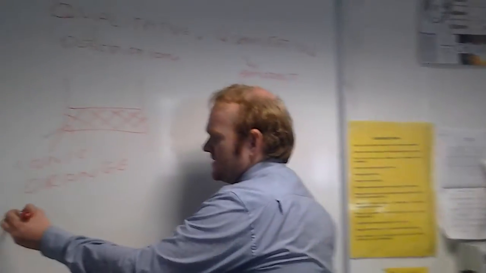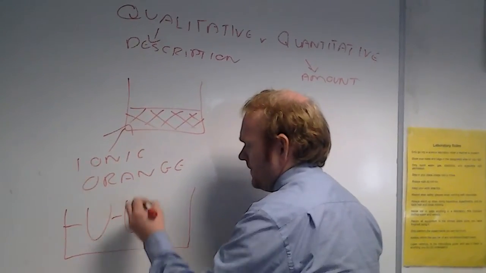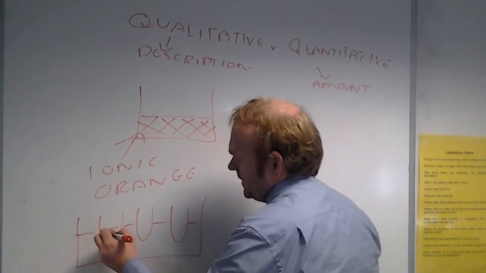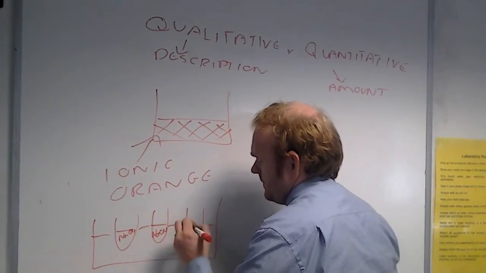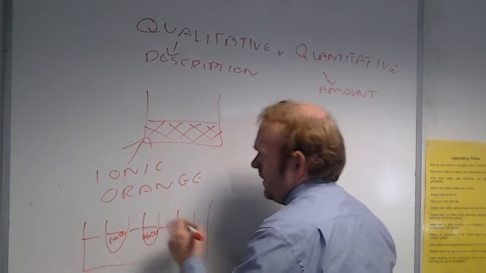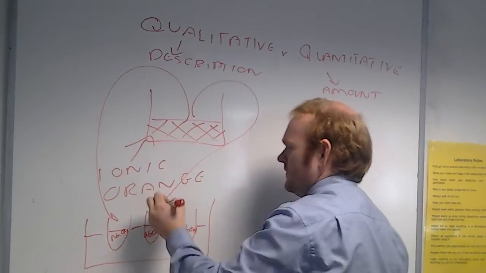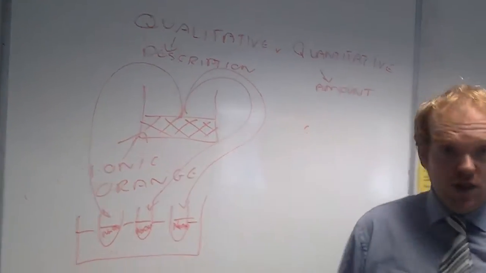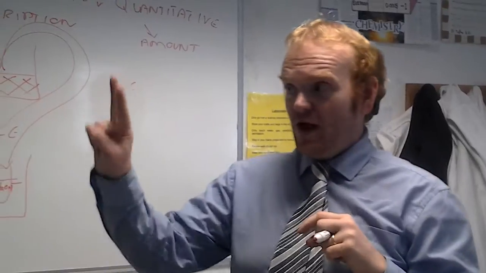So I would take a test tube rack, add some sodium hydroxide to each one, and then add some of my solid to each one, and look at what happened. That would tell me that iron was present, but wouldn't tell me how much.